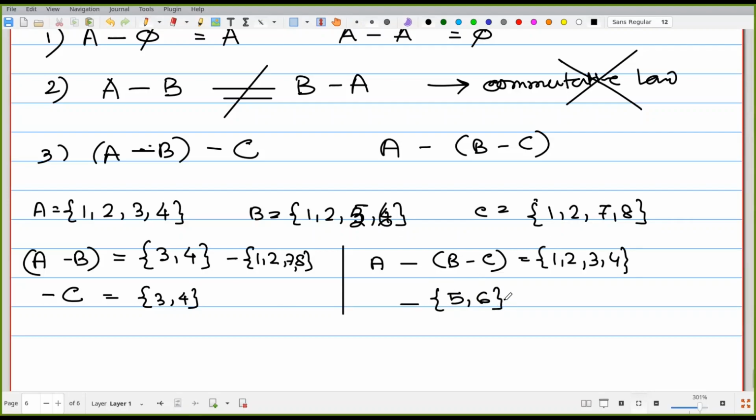Now after 1, 2, 3, 4 and 5, 6, we are getting 1, 2, 3, 4, not the 3, 4. So that is not equal, so it does not follow the associative law also.